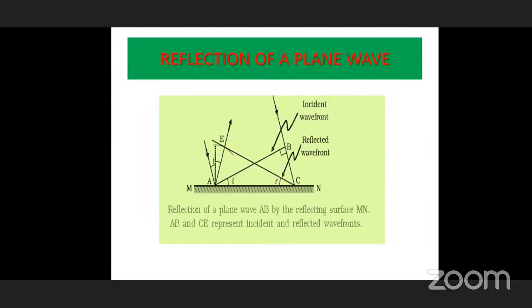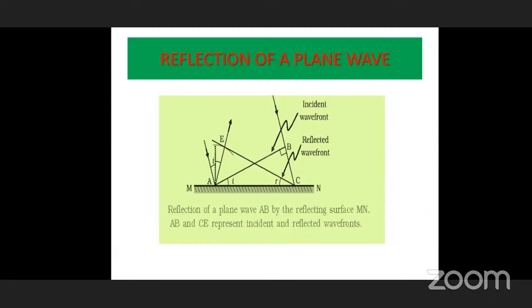So V into t, Vt, is the BC length. During this BC length, A moves forward in the direction AE, through the length AE. So AE is exactly equal to BC.